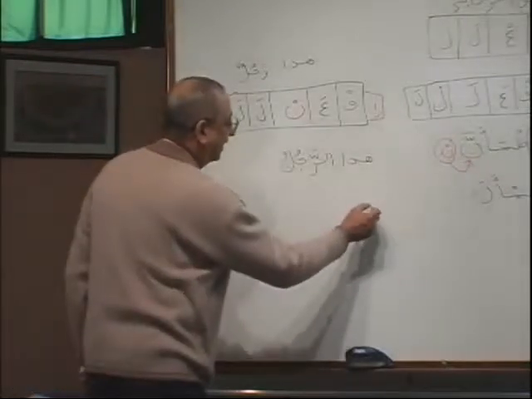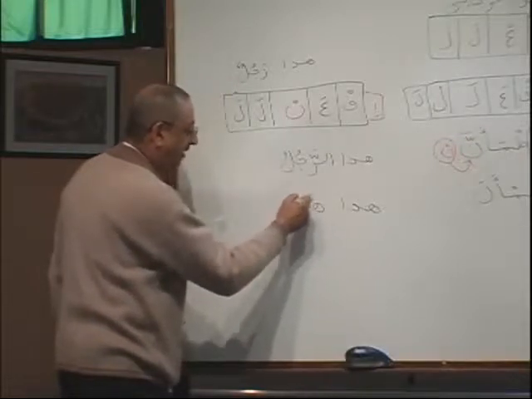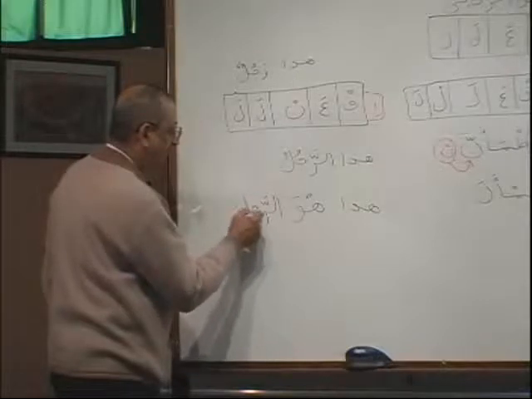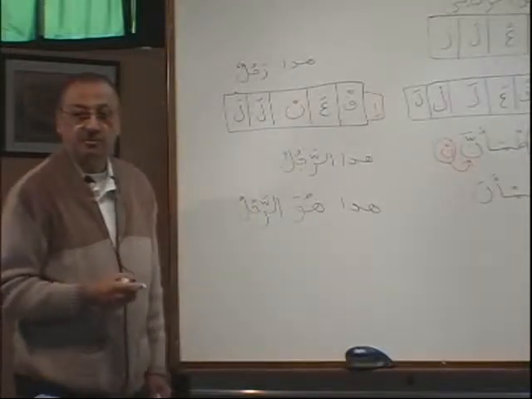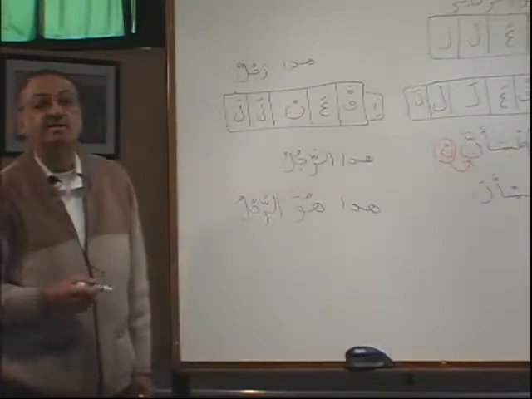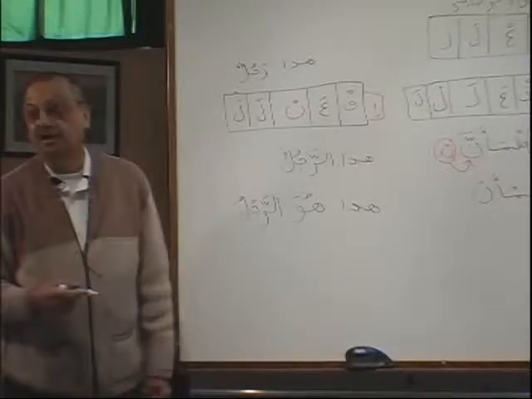So you will say haza, and then you will say huwa, and then you say rajul. Got the idea, brothers and sisters? Haza huwa rajul. So haza is mubtada, huwa is damirul fasli, and then rajulu is khabar.